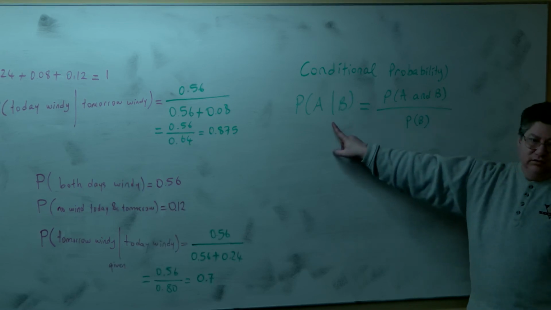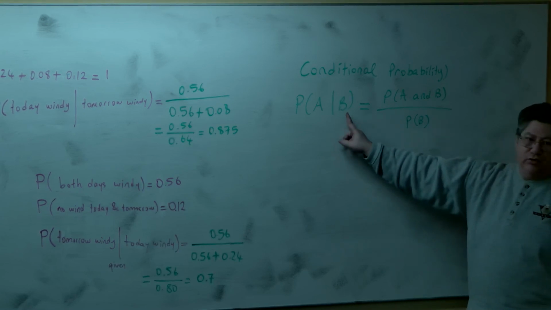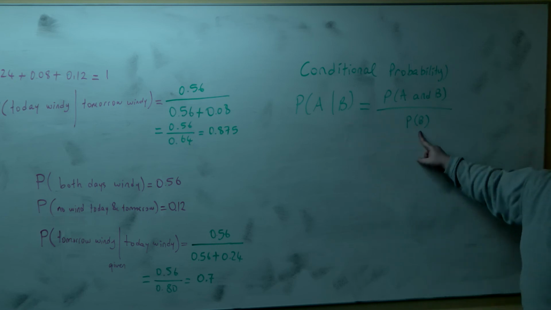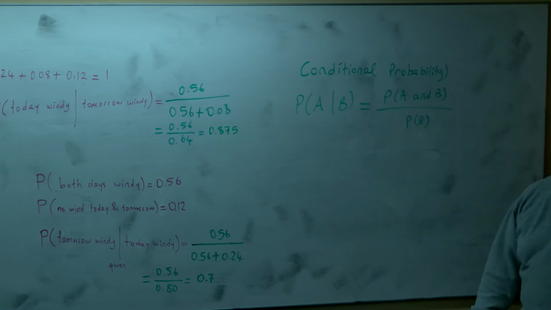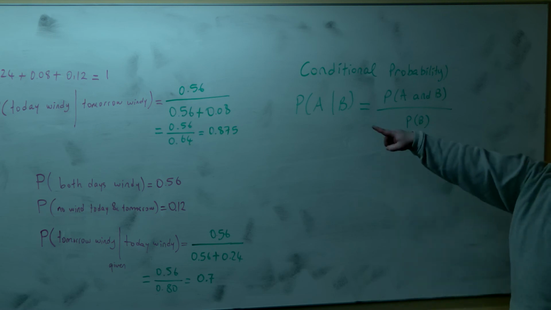Since we are given that B is already happening, the sample space is reduced to probability of B. But out of this, what you want is A and B happening at the same time. Got it? And that's exactly what we did there.